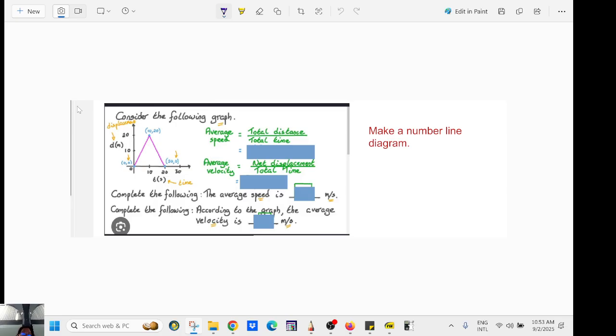So if it helps you, you can make a number line. You start from 0. See, t equals 0. You are here. You move at a constant speed, so you go to 20.